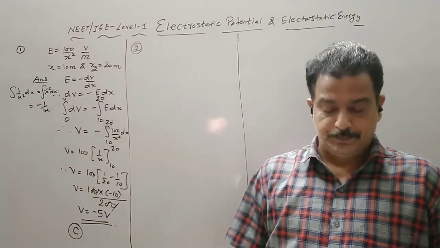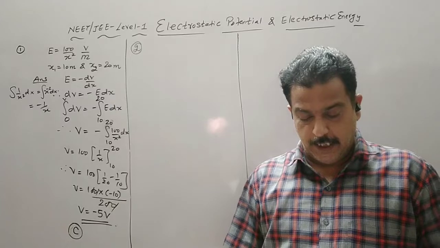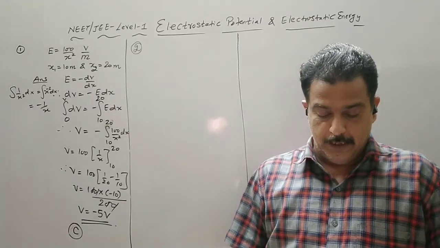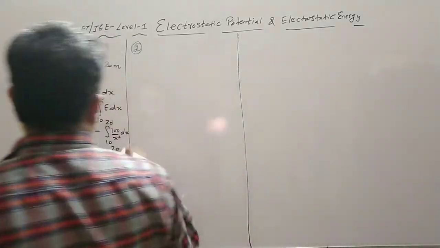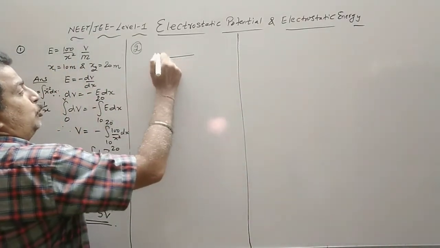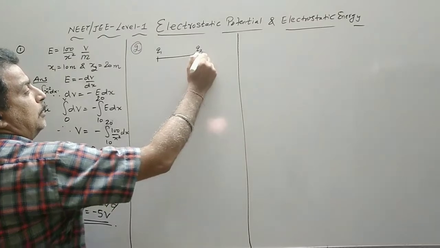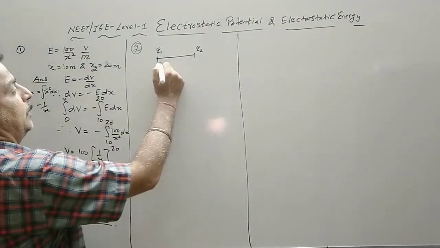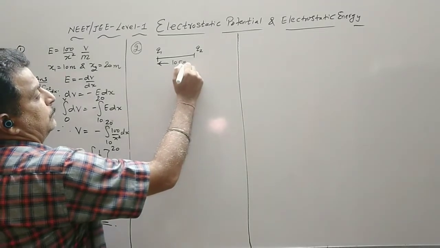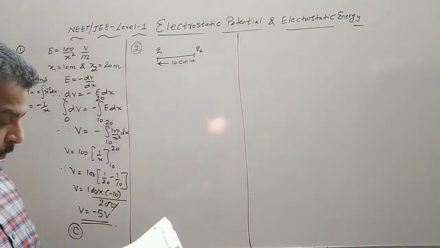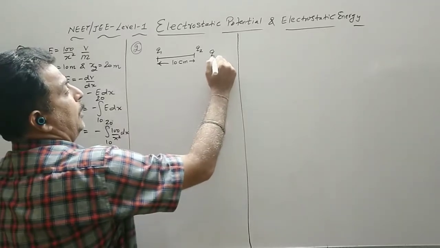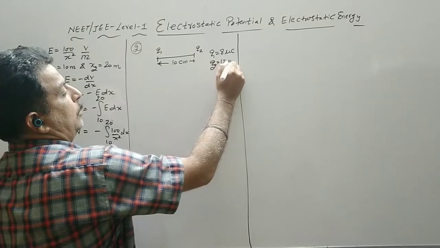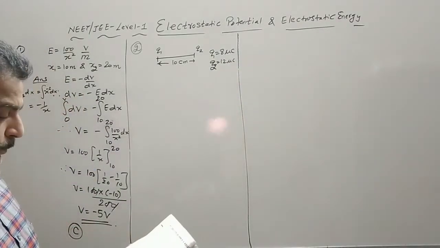Question number 2. Two point charges, 8 microcoulomb and 12 microcoulomb, are kept in air at a distance of 10 cm from each other. So we have 2 charges Q1, Q2, which are at 10 cm. So Q1 is equal to 8 microcoulomb, Q2 is equal to 12 microcoulomb.